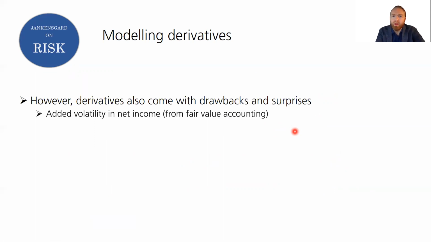I mean, we do know that we get added volatility in net income because these derivatives are fair value accounted. And there's also potential margin calls that could disrupt your liquidity planning from having to inject more collateral in the form of cash to deal with credit risk as these unrealized losses get larger.